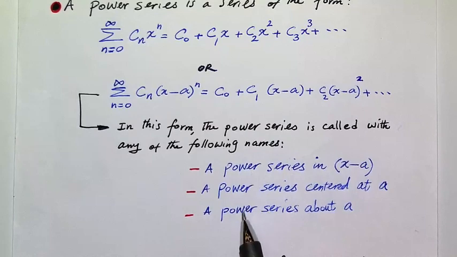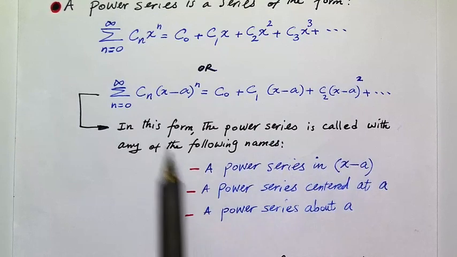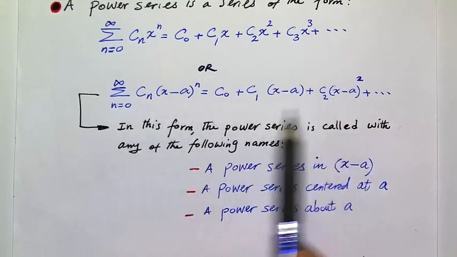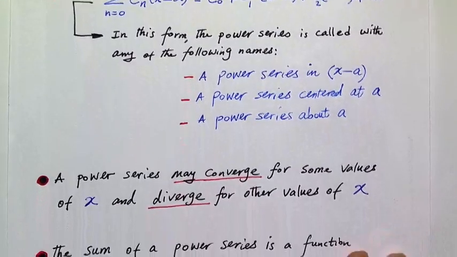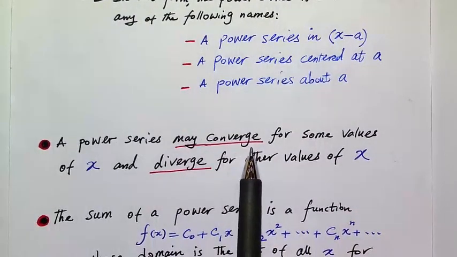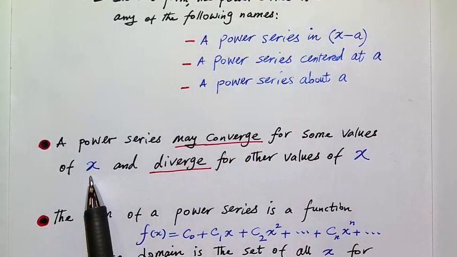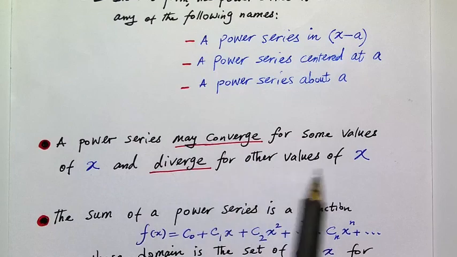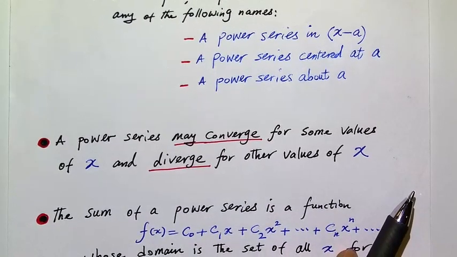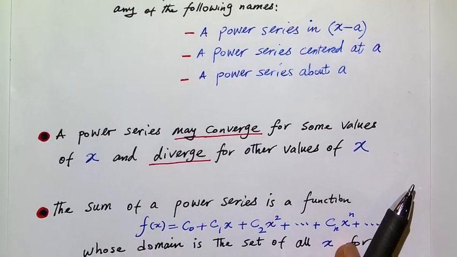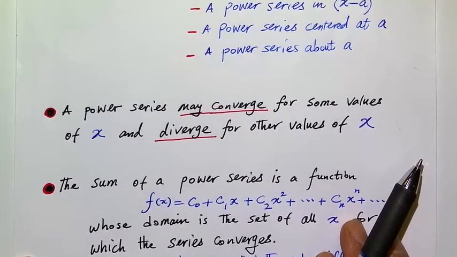All these three are different names for the same mathematical expression of the power series. A power series may converge for some values of x and diverge for other values of x. These are important things to keep in mind as we move forward.